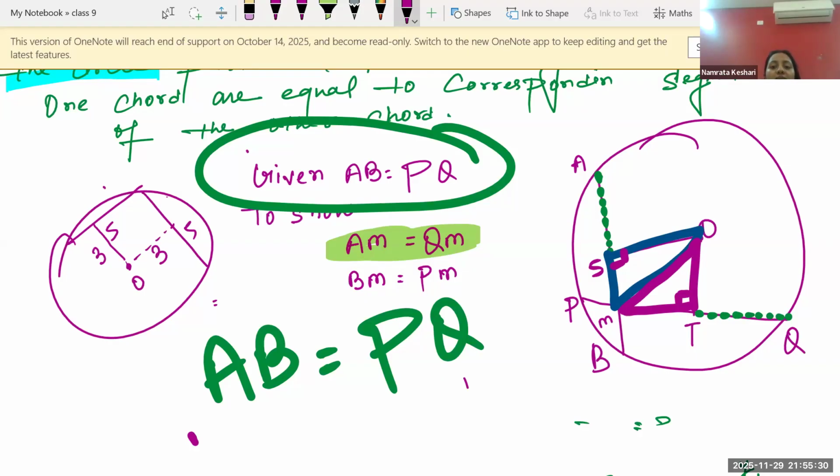So if chord AB and chord PQ are equal, then their distances from the center will be the same. Distance means from the center you have to drop a perpendicular on both the chords. Those distances will be the same. Not random distance. Making sense?